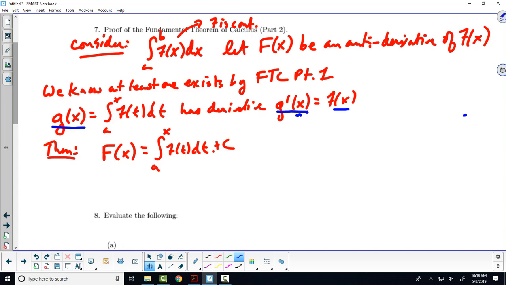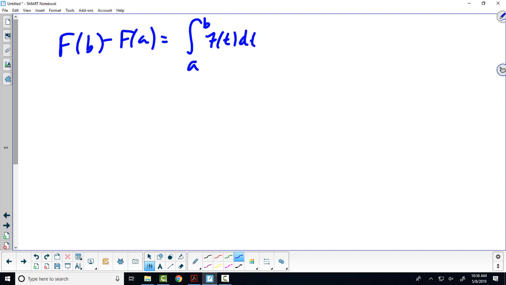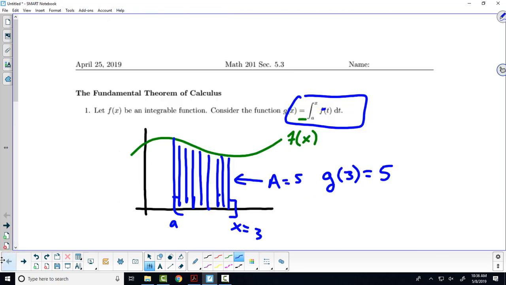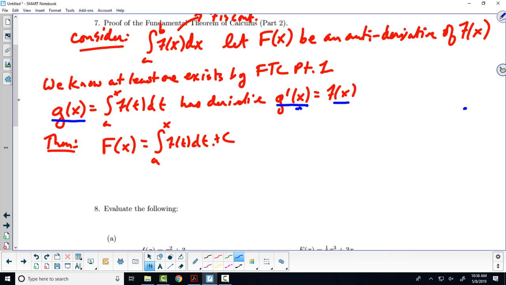F of b minus F of a is equal to the integral from a to b of f of t dt plus c, right? Because what did we say capital F of x was? We said capital F of x is just that function, and so if I put a b here, then I put a b here, right?